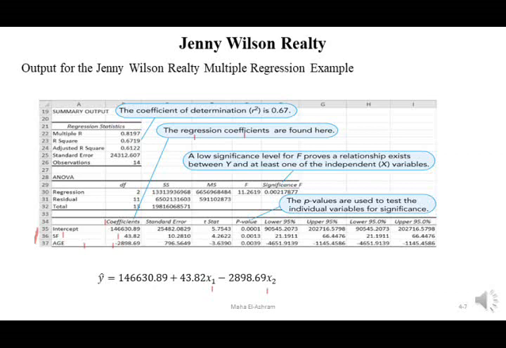So we start with b naught, then plus b1, which is 43.82x1, plus b2, which is negative 2898.96x2. Now let's move to how I can read this equation, or how I can interpret the values in this equation.